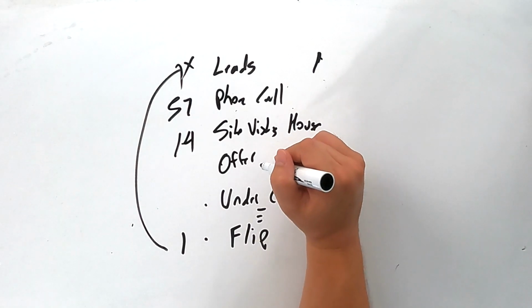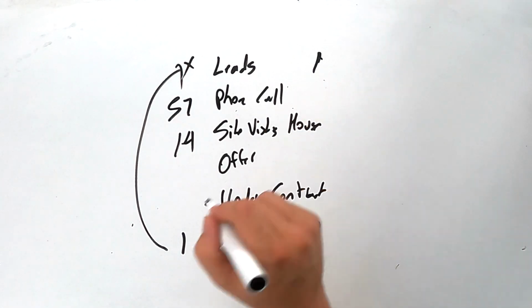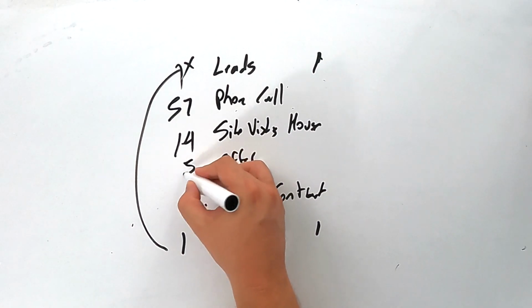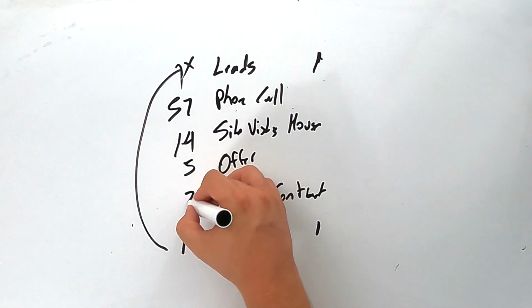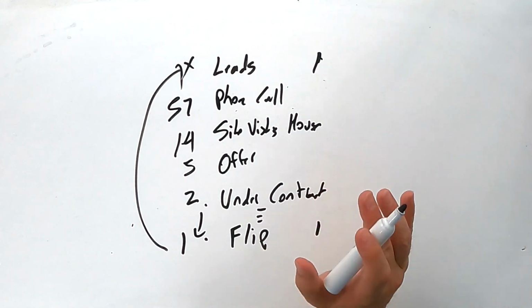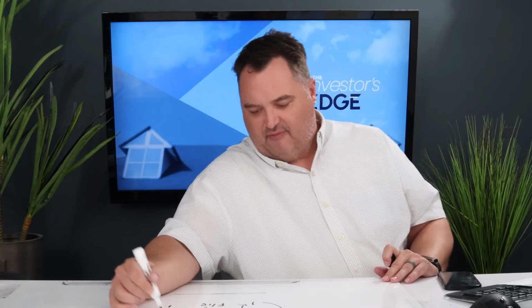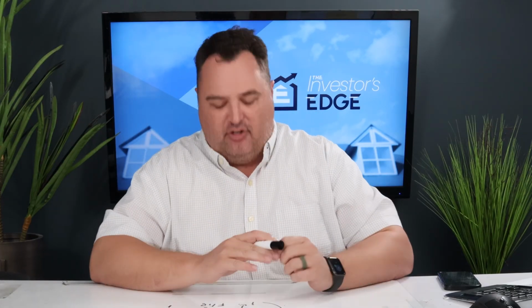And then those 14 are going to turn into a number of offers, I'd say somewhere around 5, and maybe you get 2 of those under contract and one of those makes it through. So you're going to have to be making a lot of calls, a lot of site visits, a lot of offers, and a lot of getting properties under contract in order to get a good deal.